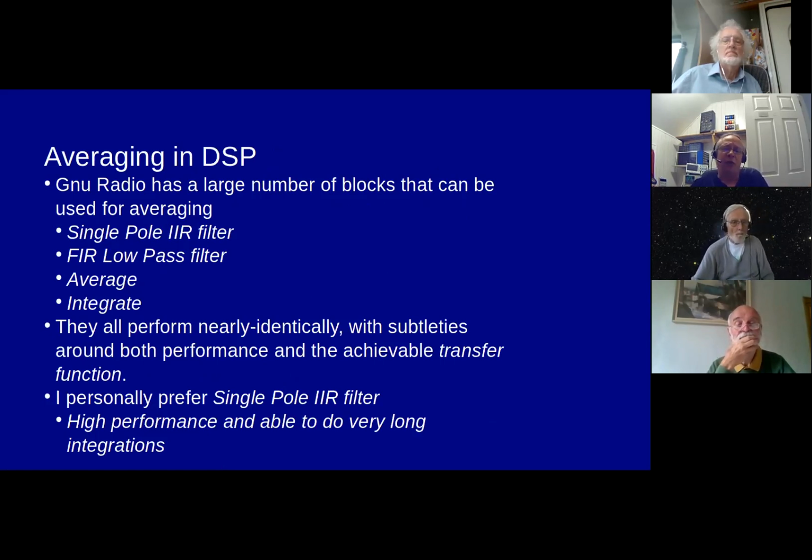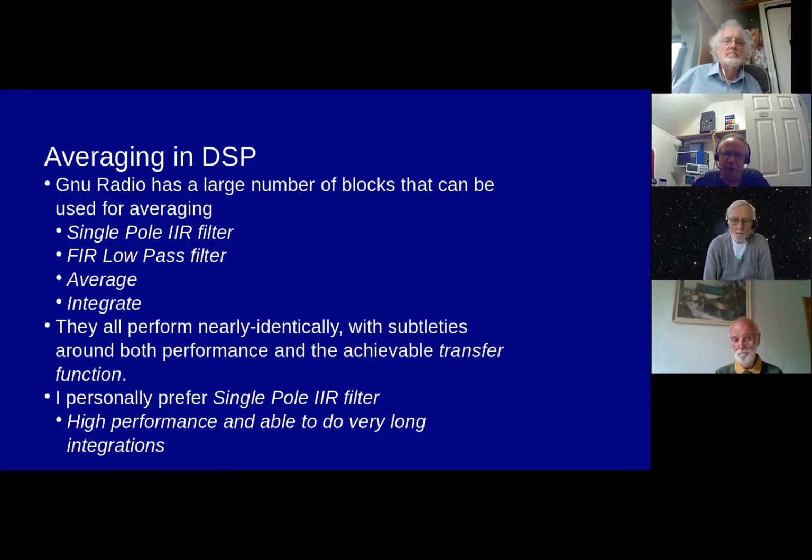And their differences are in their performance and the particular transfer function that they are able to achieve. And the reason that there's lots of different types of low pass filters in GNU Radio is that telecom applications typically require a huge variety of ways that they filter their signals. So that's why they're in there in GNU Radio.